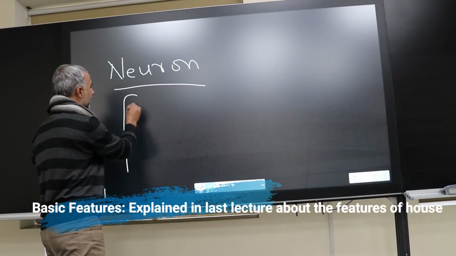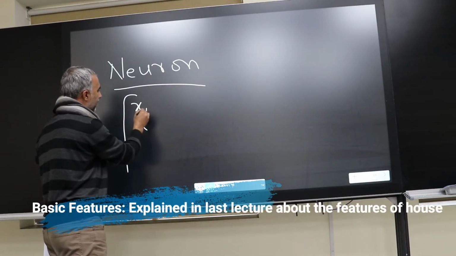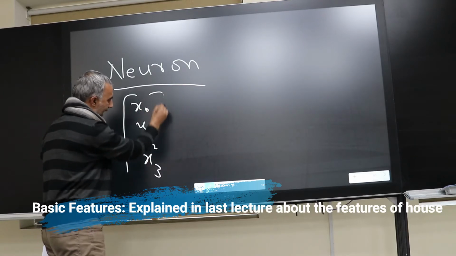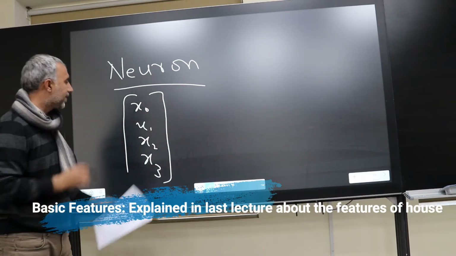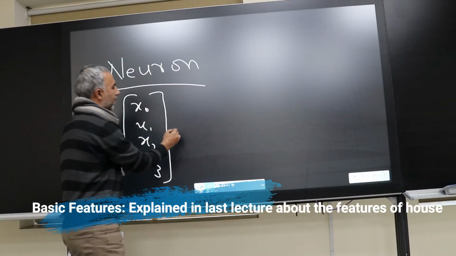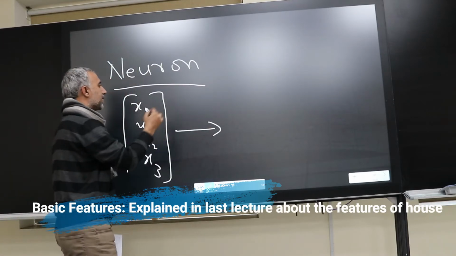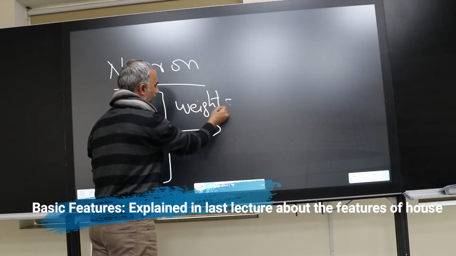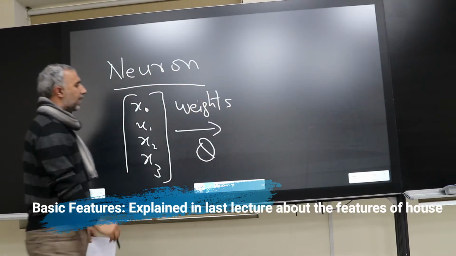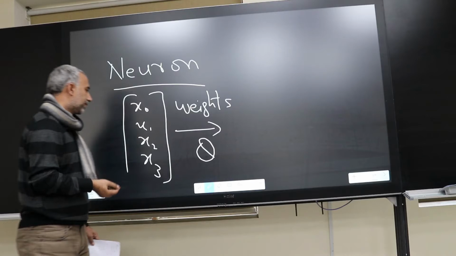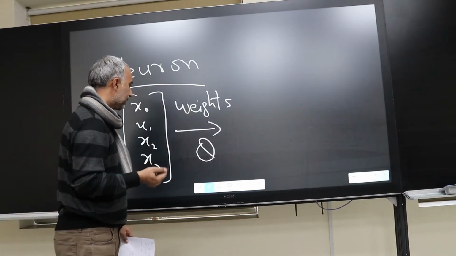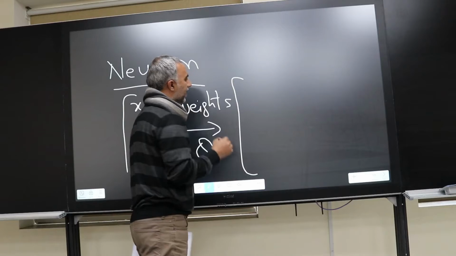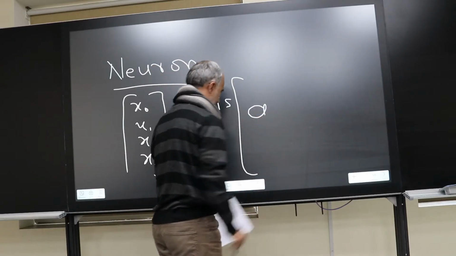In this case, we are considering the basic features, and from these basic features, with a linear combination of the weights, theta can be categorized as the weight parameters, and we provide some kind of an activation function.